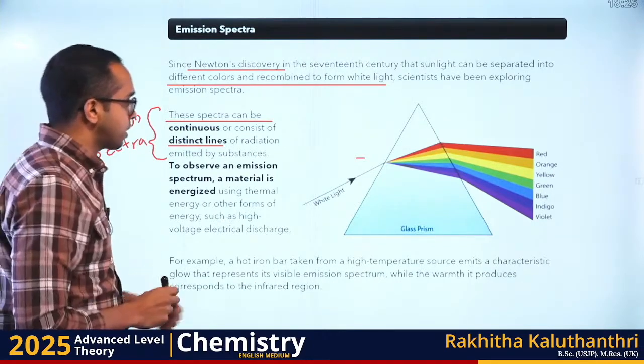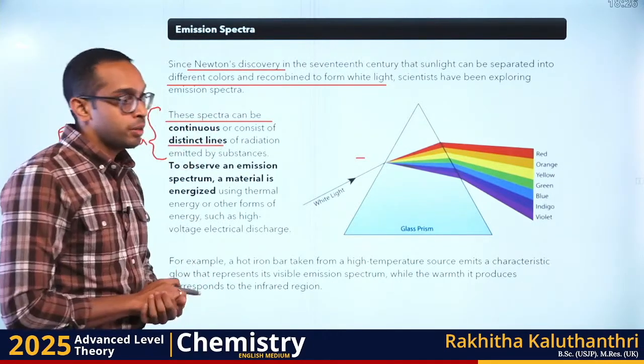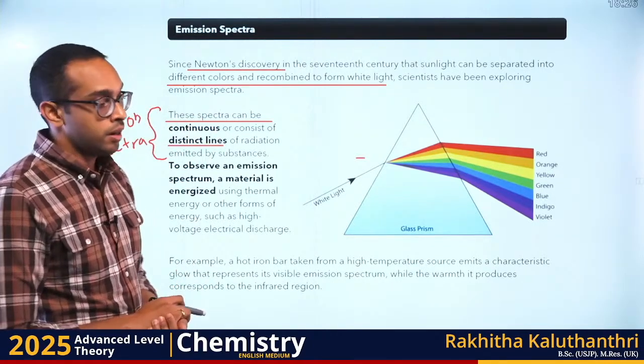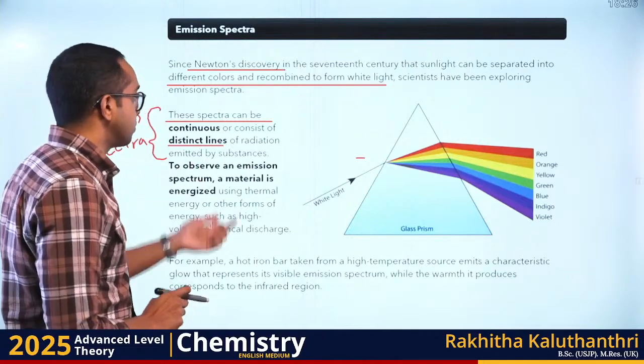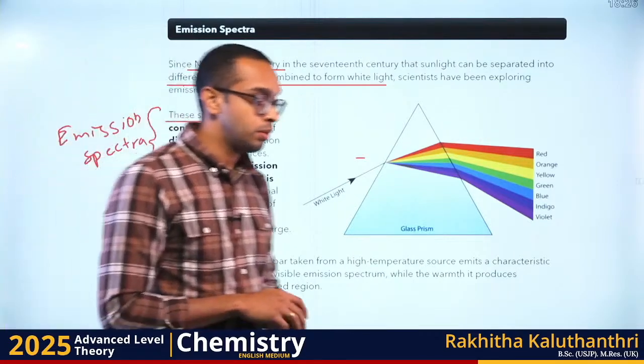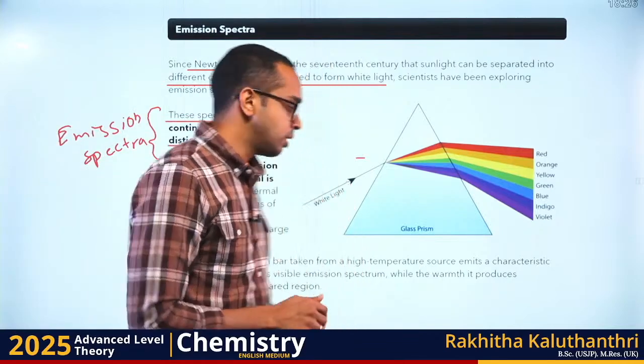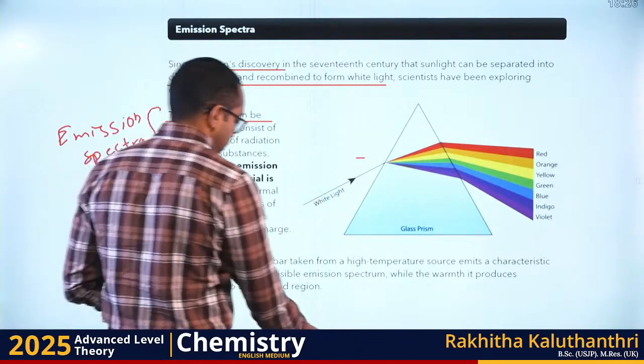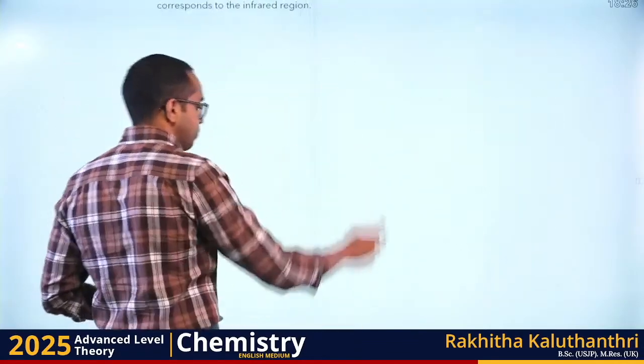Emission spectra can produce two main types of spectrums. One type of spectrum is known as continuous spectrum. The other type of spectrum is known as line spectrum.